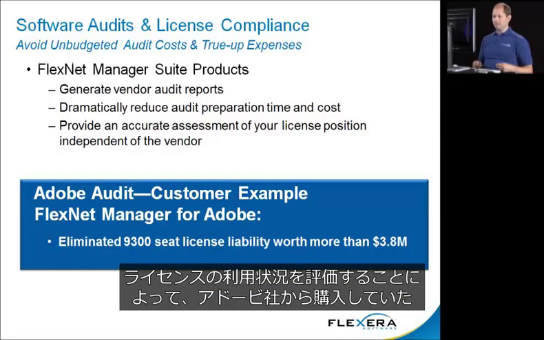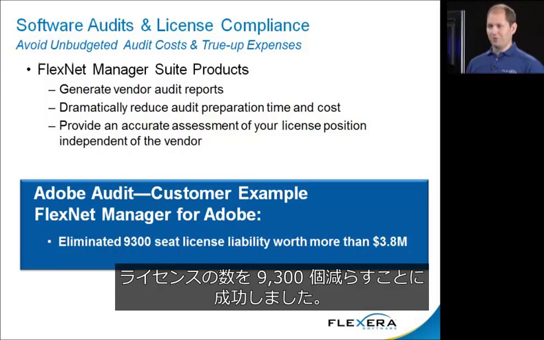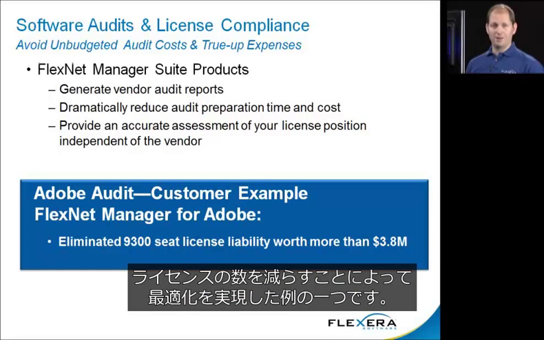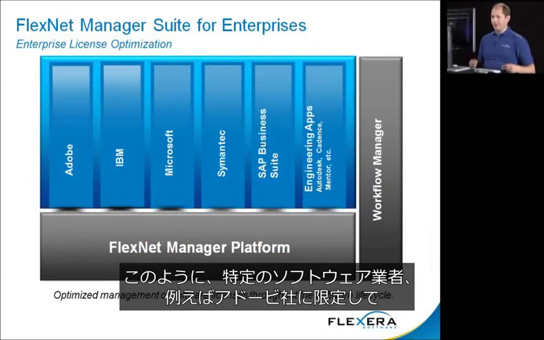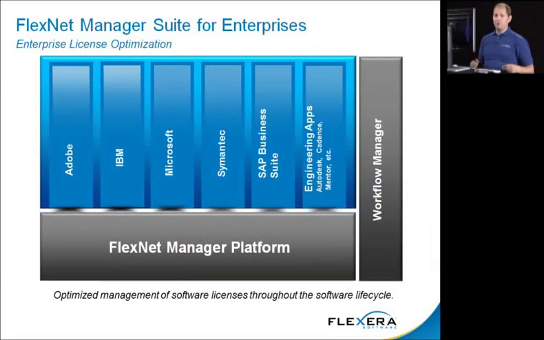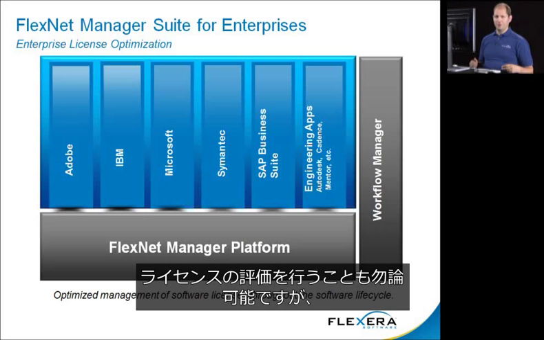This allowed them to eliminate 9,300 seats of license liability. That saving made sure that the manager was able to demonstrate to the Adobe staff that they were well and truly covered.